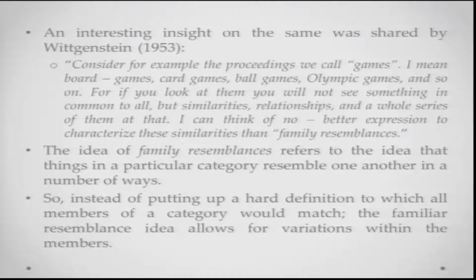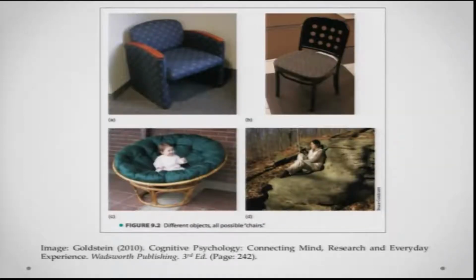Now, this idea of resemblances refers to the idea that things in a particular category resemble one another or do not resemble one another in a variety of ways. Instead of putting up a hard definition to which all of the members of the category would certainly match, the family resemblance idea allows for certain variation amongst group members. So, if I were to give a definition of a chair based on, let us say, only one of these 4 examples, I would not be able to include all the others in the same family.